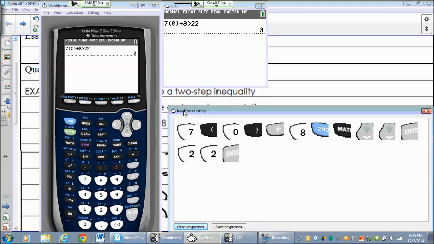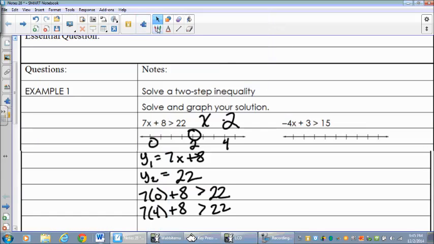So go back. That means the 0 is false. Okay, let me get red, emphasize. This is my false side, so that means the 4 must be my true. I want to double check it just to make sure that that is my true side.